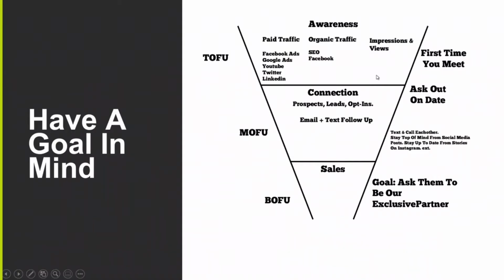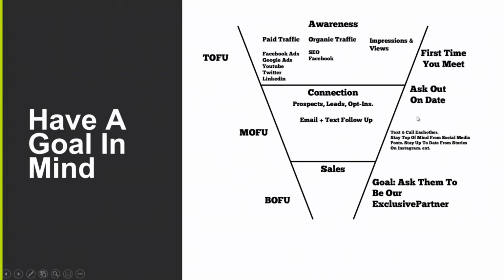So yeah, we have this graphic, we have our awareness stage, top of the funnel, we have our middle of the funnel. And a quick metaphor to help wrap this up is, think of the top of the funnel and the awareness stage as the first time you meet someone. And then the middle of the funnel and the connection stage is after you meet them and they become aware of you, you like them because that's your prospect, you can ask them out on a date.